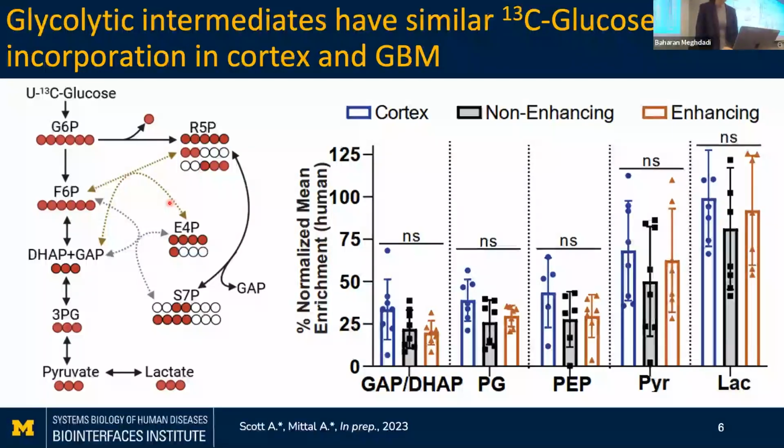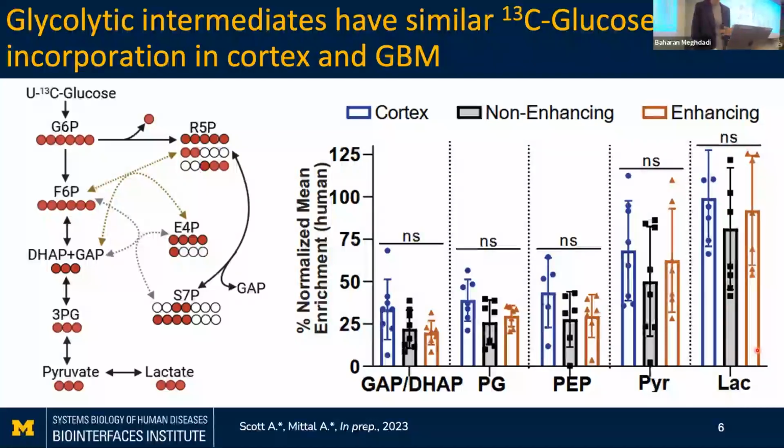For the glycolytic intermediates, we saw a similar enrichment for the mass isotopologue distribution between the cortex and the tumor samples. We saw pyruvate and lactate have higher enrichment than other glycolytic intermediates, and we think that lactate might be taken up by cortex and GBMs both at the same rate.